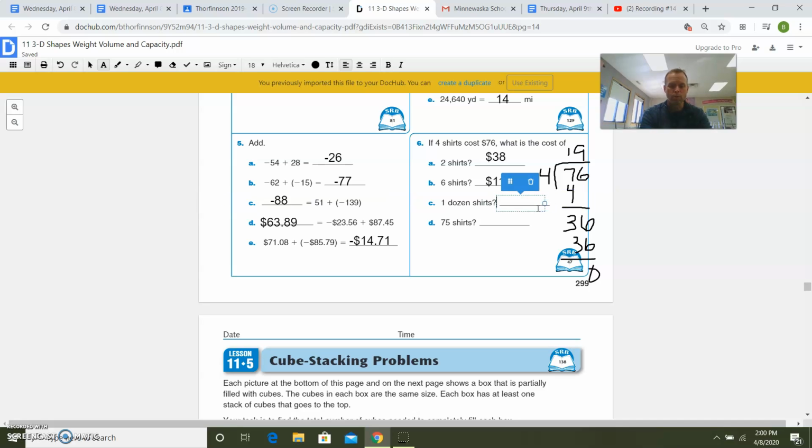A dozen, or 12 shirts, would be $228. And finally, 75 shirts, 75 times 19, you shouldn't need a calculator for any of these. 75 times 19 is $1,425.